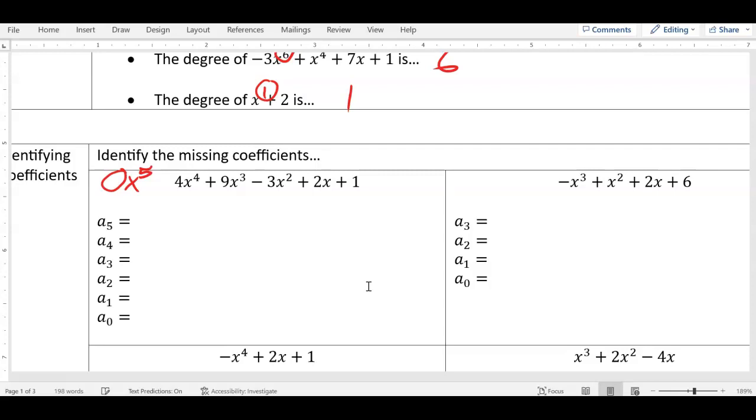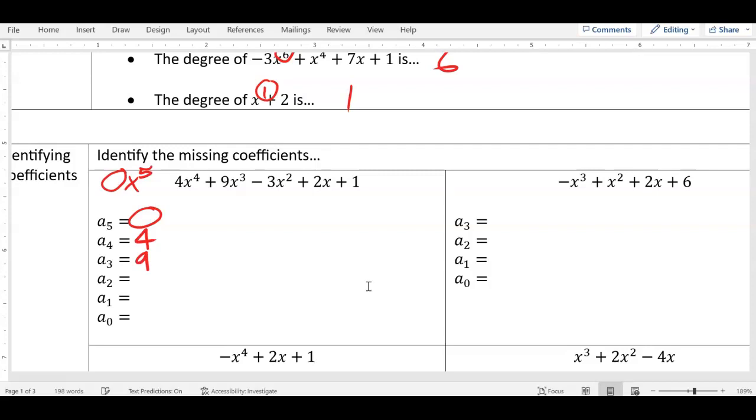0. All right, now, what about a sub 4? What's the coefficient in front of x to the 4? What? 4, okay? So one number to remember. Now what about a sub 3? What's in front of the x to the 3rd power? 9.